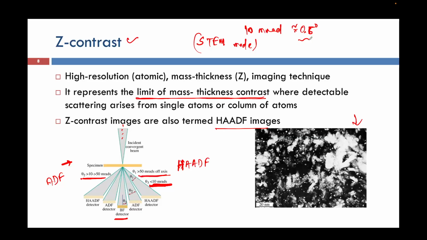However, if we want to collect the inelastically scattered electron beam and form an image, then we have to put in a detector, that is the HAADF detector.